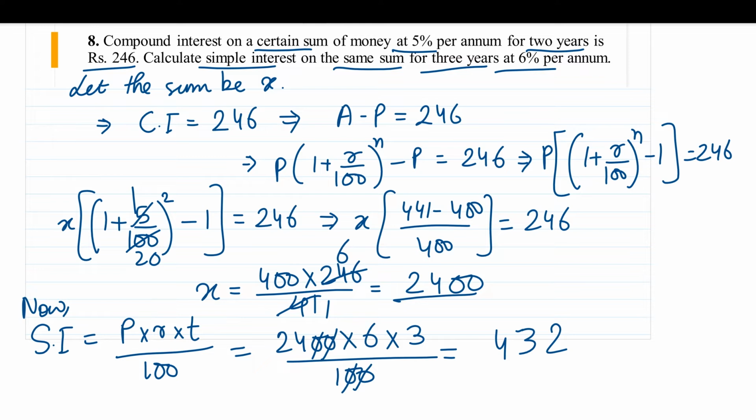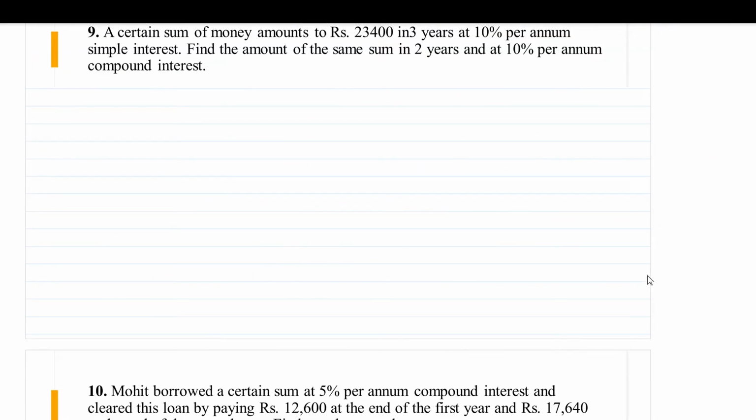So this is the simple interest. Simple interest is 432 rupees. They have asked to calculate the simple interest. We don't require the sum, but I have calculated the sum also. So we can write the sum, and the simple interest for this will be 432.